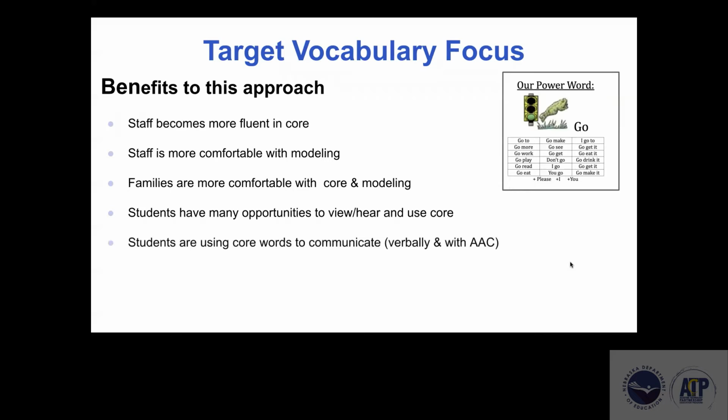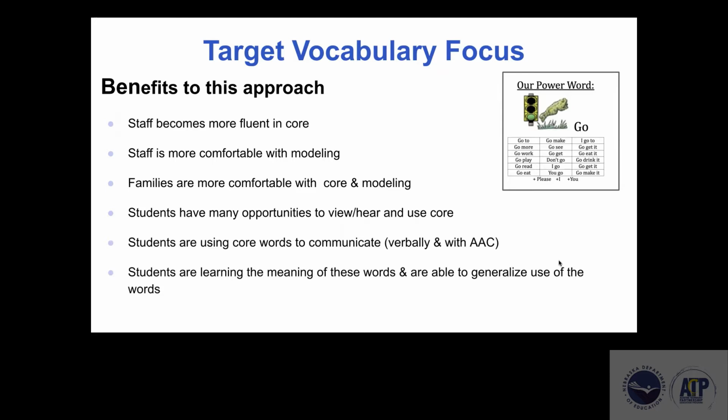Students are also using core words then to communicate both verbally and with AAC. And students are not only learning where these words are and how to say them, but also the meaning behind these words. And they're able then to generalize the use of the words. And then students are able to transition to larger vocabulary sets or dynamic display devices with greater ease.